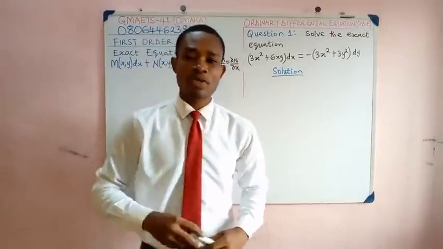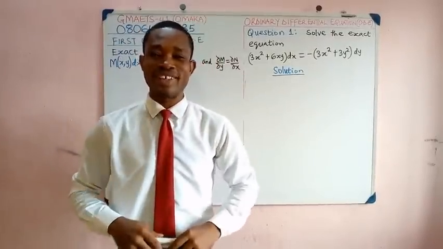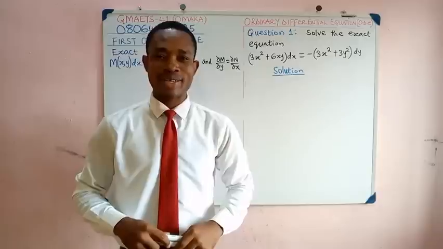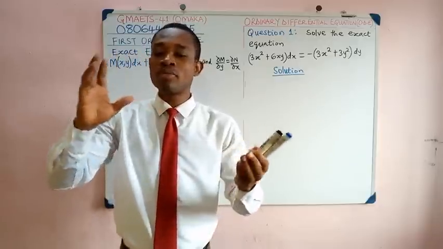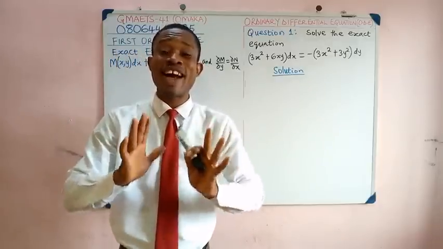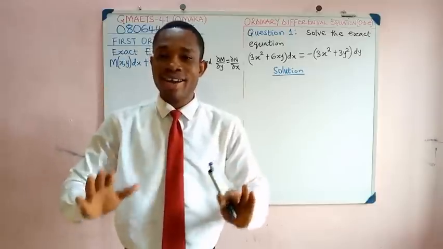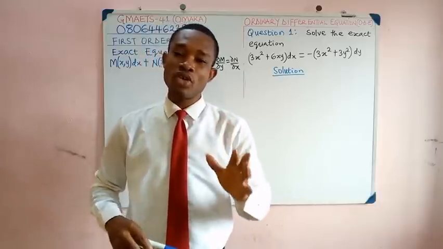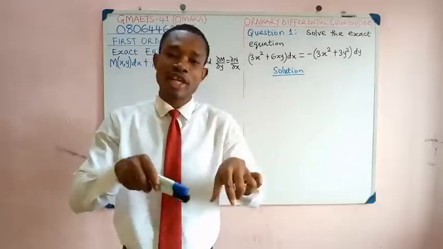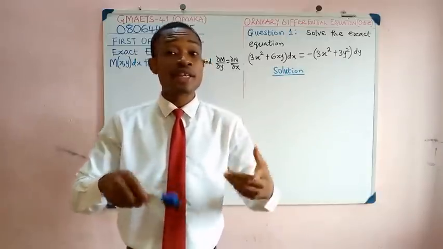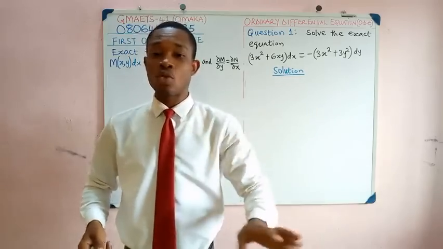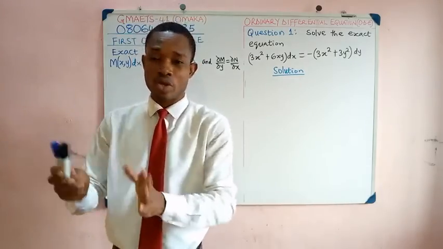Before I proceed to solve this question, I want to state something clearly, right? Because the concept of exact equation is a funny one. All the forms of differential equation that we have discussed so far can be an exact equation. And that is why when a problem is given to you, either you are asked to check that it is exact first and then solve, or it will be stated clearly that this is an exact equation, solve, so that you can use the exact equation method.